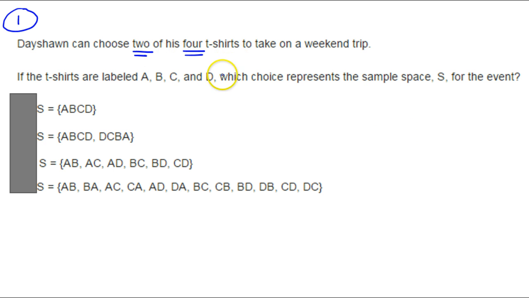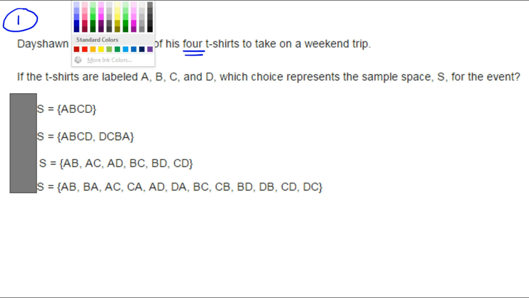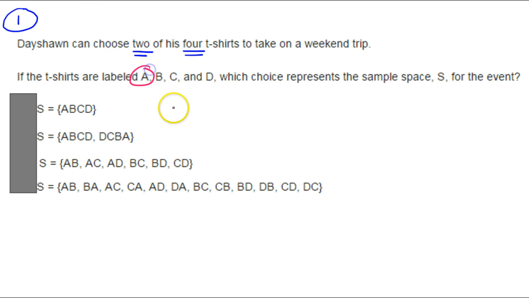So 2 of his 4 t-shirts, so let's do all of the possibilities that involve shirt A first. Okay, so if we do all the possibilities that involve shirt A, let's see, just going to put a few A's down here.